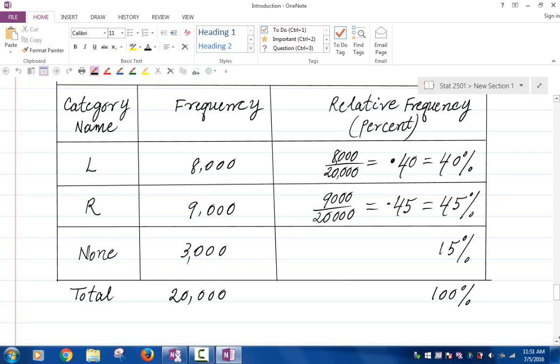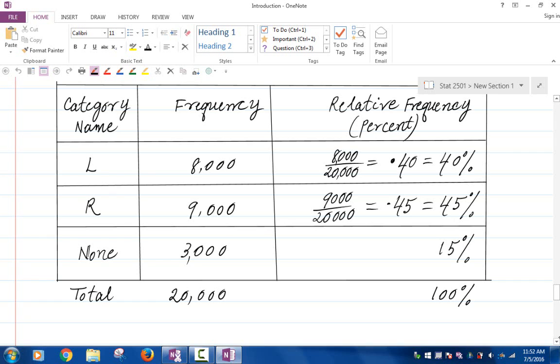So 8,000 divided by 20,000 is 0.4, which means 40% of the voters prefer Landon. If I divide 9,000 by 20,000, I get 0.45 or 45%. So 45% of the voters prefer Roosevelt and 15% prefer none. Is everybody okay?